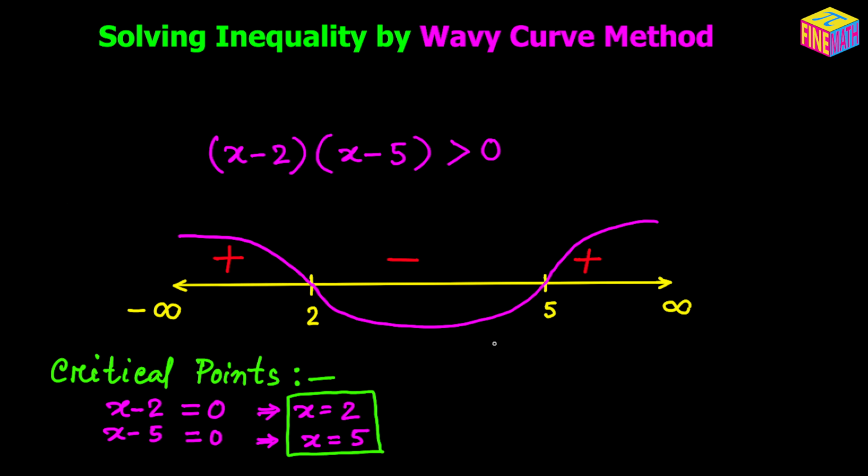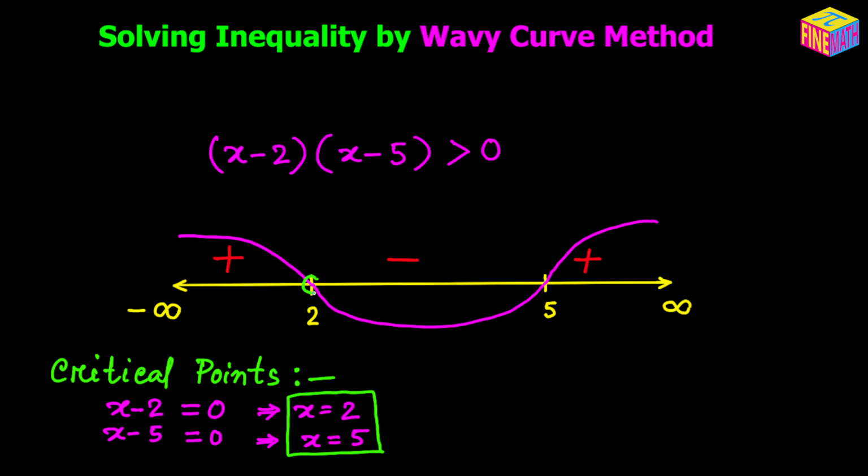Now also we need to understand whether we need to include the critical points in the solution. Well, at the critical point the function value becomes 0, but in this case our inequality example says that x minus 2 times x minus 5 must be greater than 0, right? So the equality with 0 is not a condition for this inequality, so we cannot include the critical points.